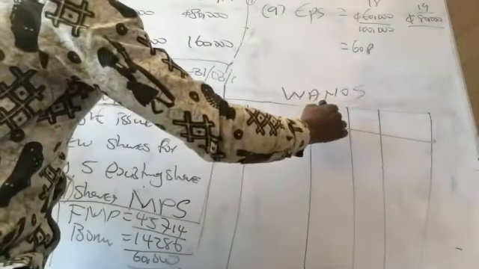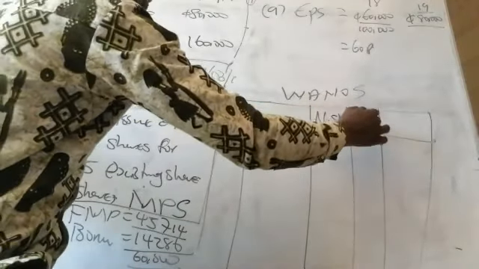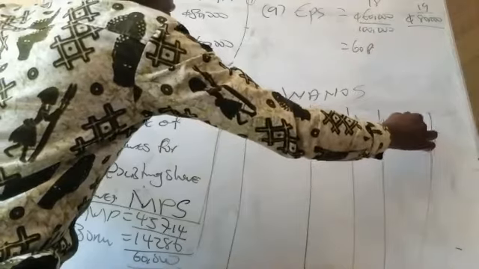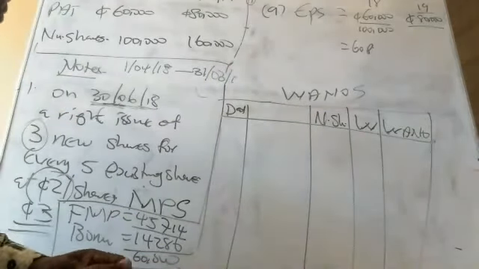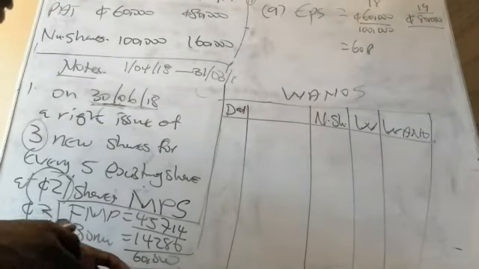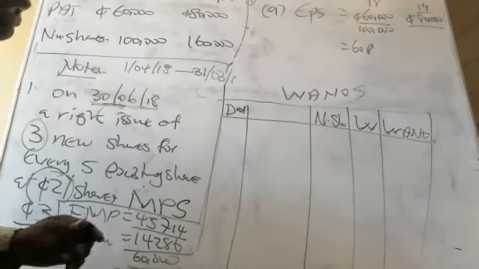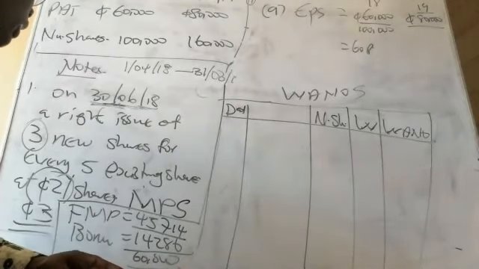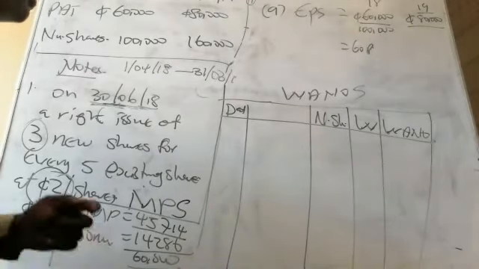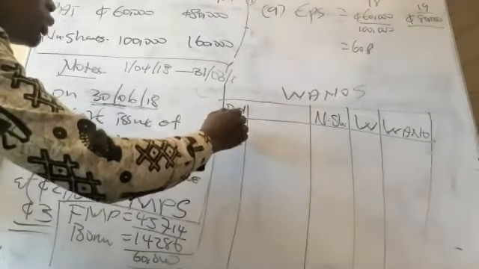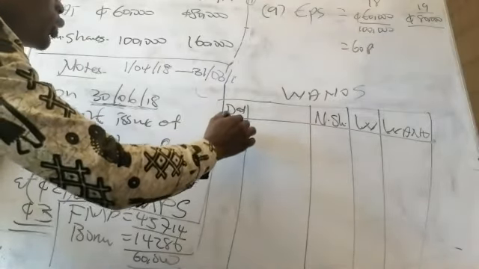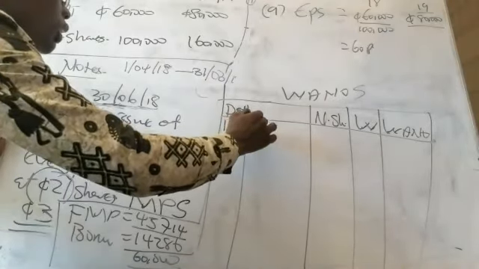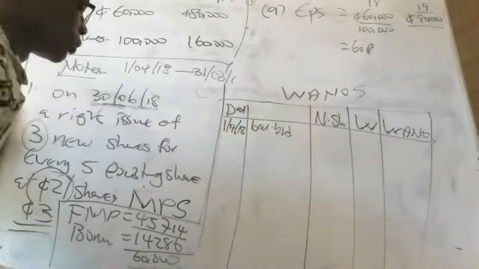We are done. So let's start. As we are in the 2019 financial year, which ends 31st March 2019, as at 1st of April 2018, that's the balance brought down.